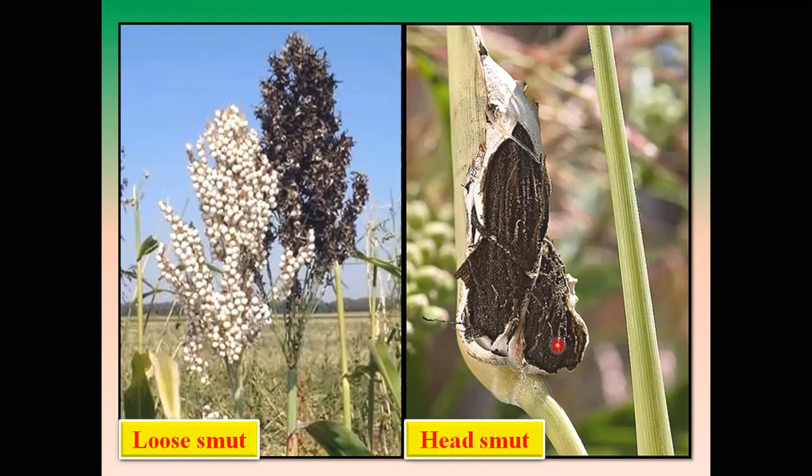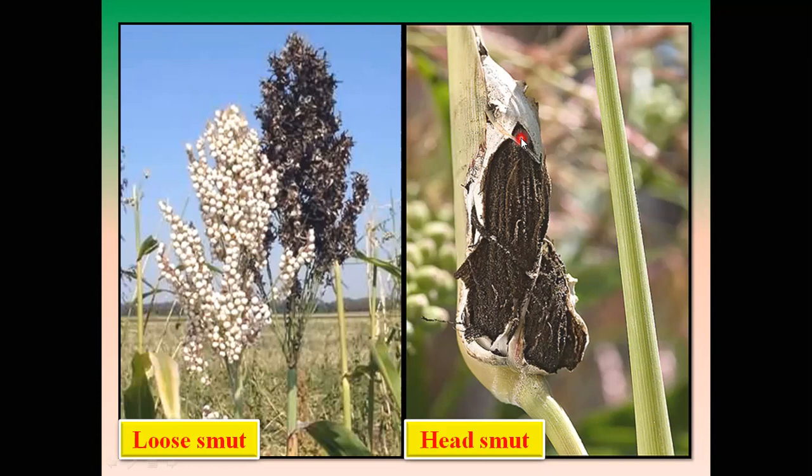The normal inflorescence is replaced by a sorus membrane, fully covered by a greenish white membrane, released at the boot leaf stage.